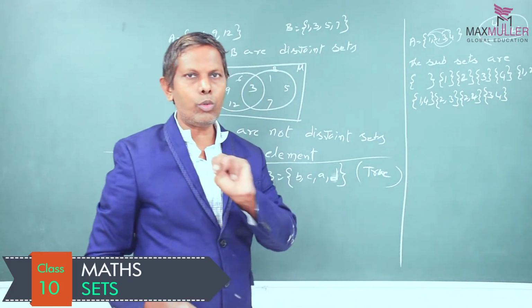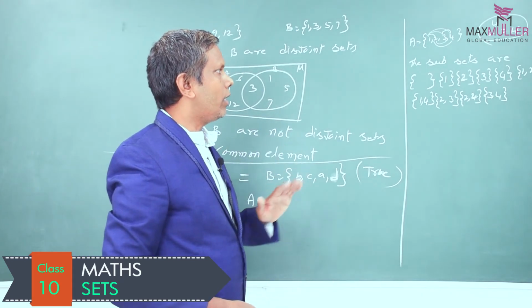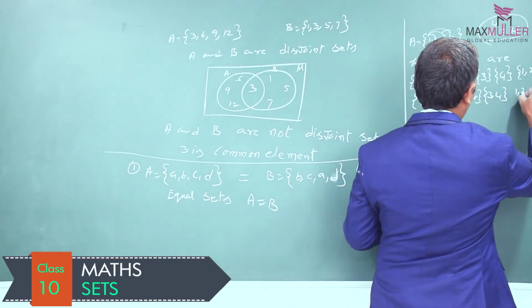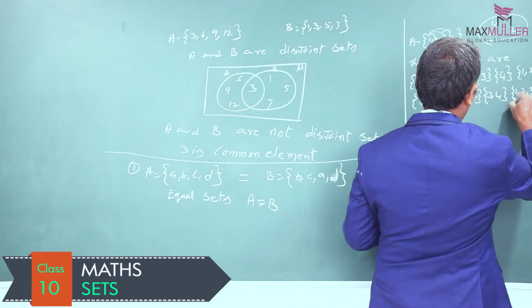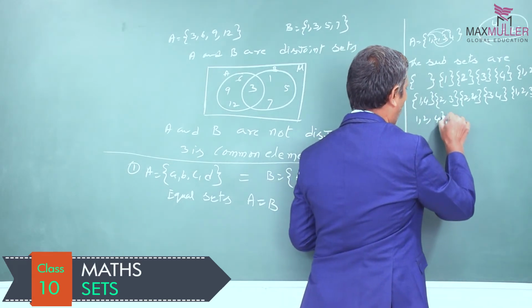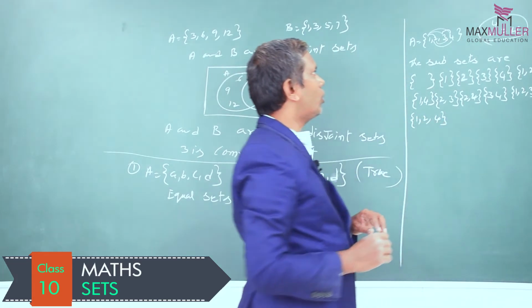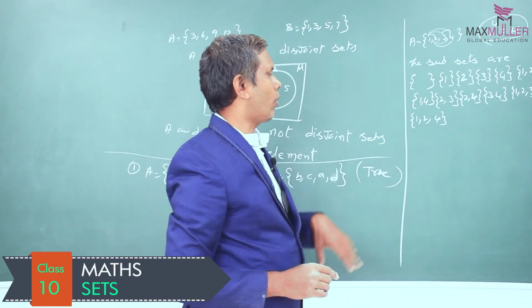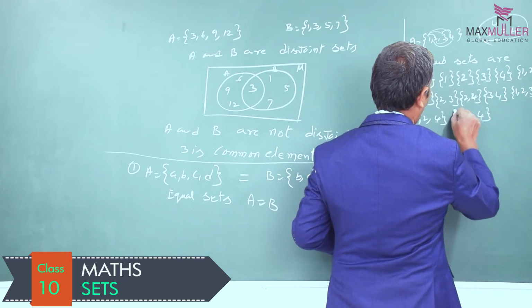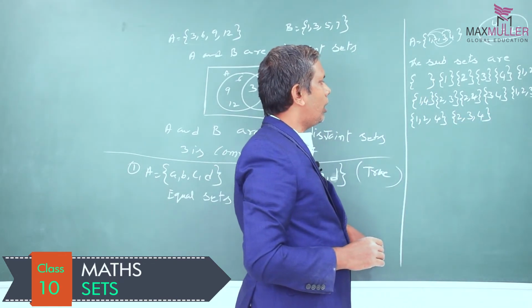Those are the sets with 2 elements in each set. After that you can write 3 elements: 1, 2, 3 and also 1, 2, 4. After that 2, 3, 4.